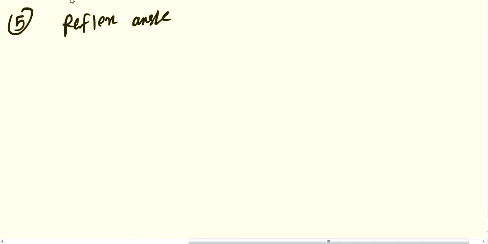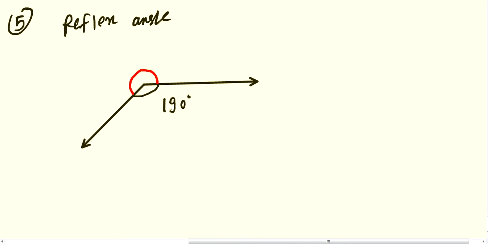Now this reflex angle will be like, suppose you have these rays here, and now this value is given. For example, this is given as 190 degree. So what will be the remaining angle here? That means from this point to this point.